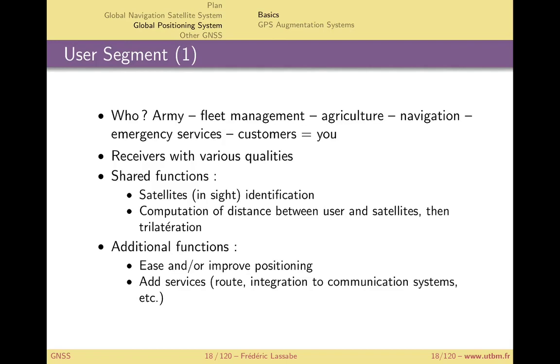But again, the core features of a GPS chip is to identify the satellites, based on those satellites messages to compute the distances between itself and the satellites, and then using the distances and the satellites locations to use n-lateration to provide its location.